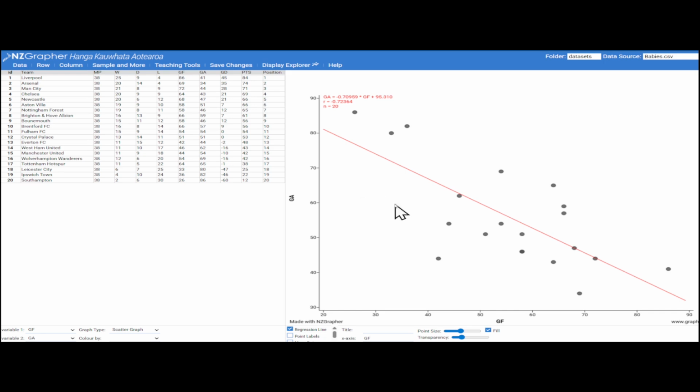So this tells us that teams that had good attacks also had good defense. So the big clubs like Liverpool, Arsenal, Man City, these big clubs that could afford really good attackers and really good defenders, tended to be strong everywhere on the field.